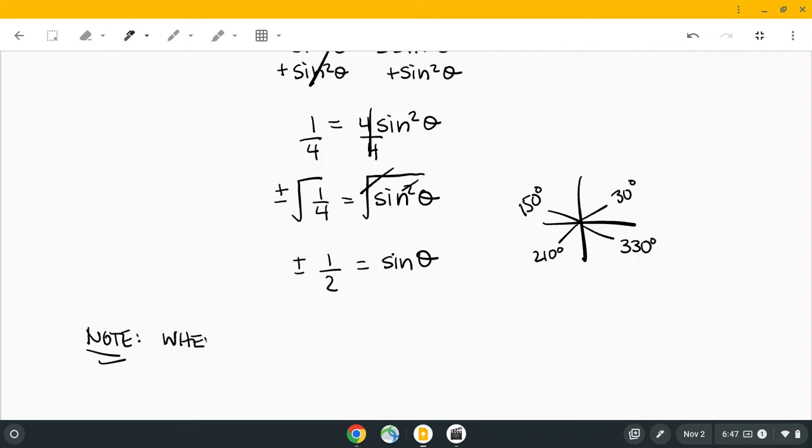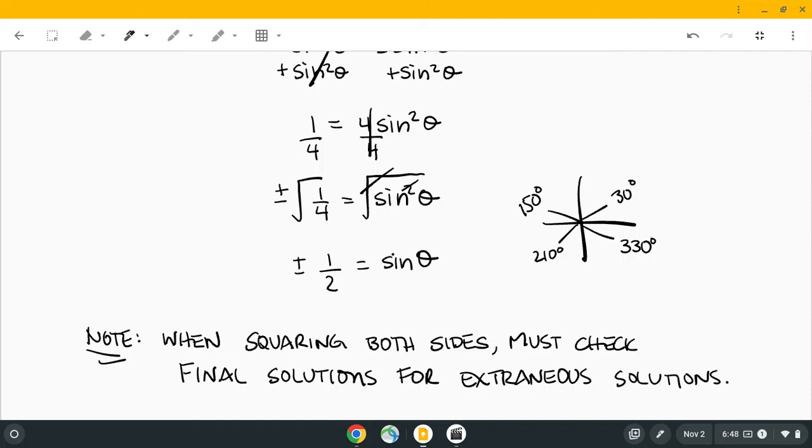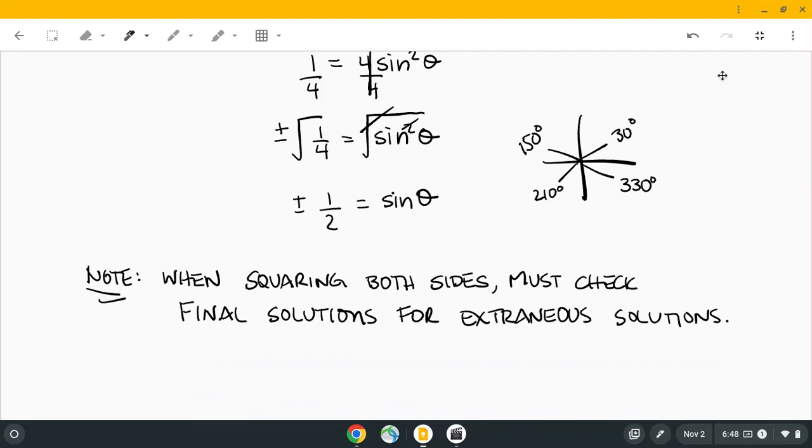When squaring both sides, must check final solutions for what we call extraneous solutions, ones that we found here but actually don't work. Okay, so let's see. All right, so we think these are the 4.